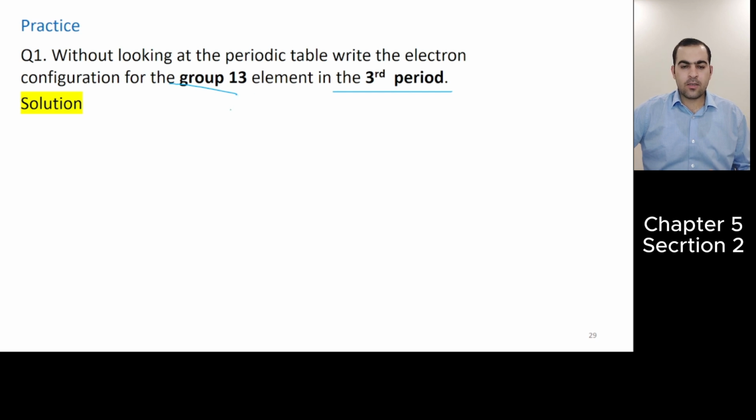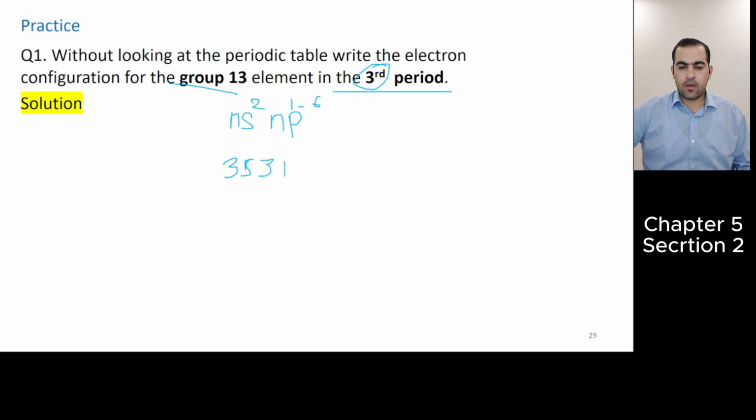So this is in p block. P block equals ns2, np 1 to 6. N equals 3. N equals the number of the period, 3. So 3s, 3p.